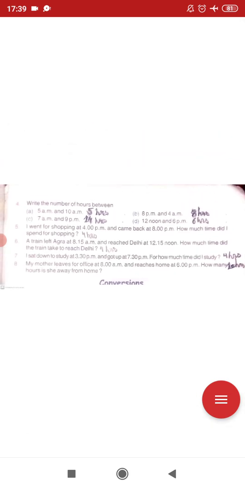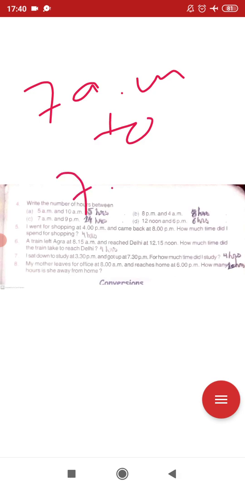Next, C, 7 a.m. and 9 p.m. One is AM, another is PM. So these two forms have been given. So you just count the time from 7 a.m. That means 7 o'clock in the morning to 9 o'clock at night. 7 a.m. to 7 p.m., how many hours are there? 12 hours.